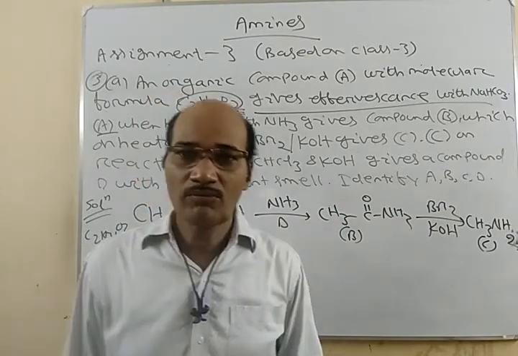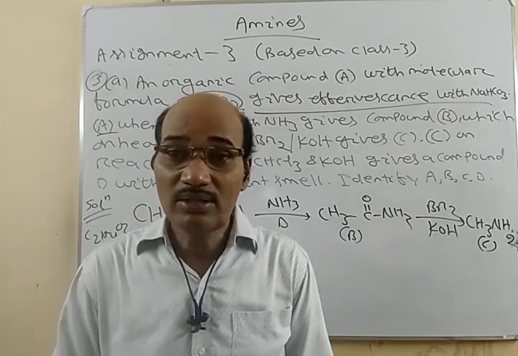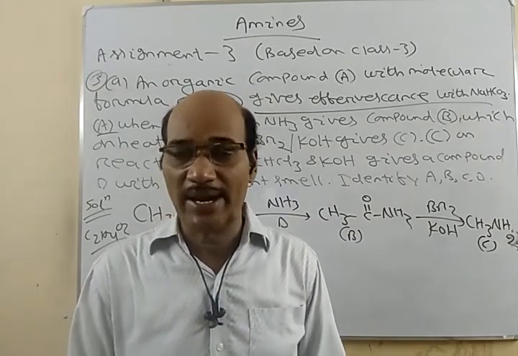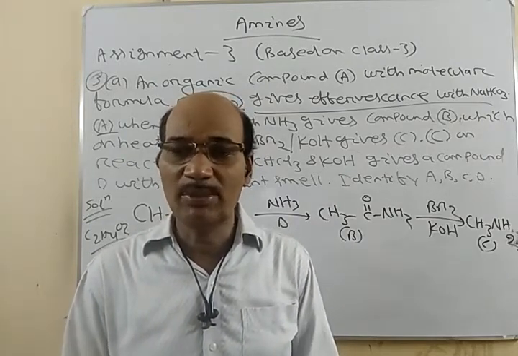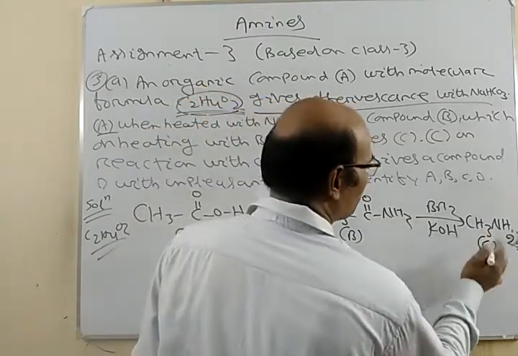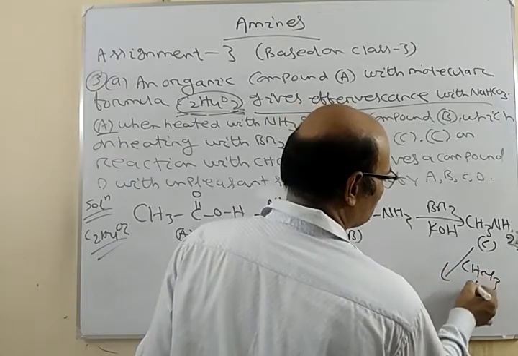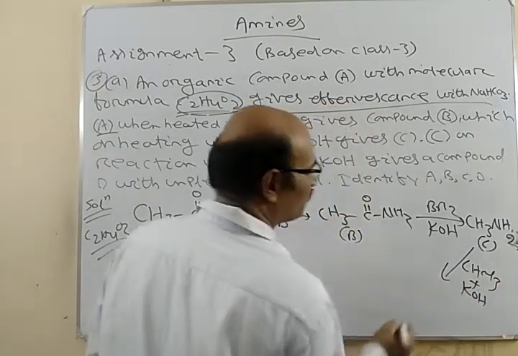So primary amines, when heated with chloroform and KOH, give an isocyanide or carbylamine, which has an unpleasant smell. So this primary amine on CHCl3 and KOH will give what?